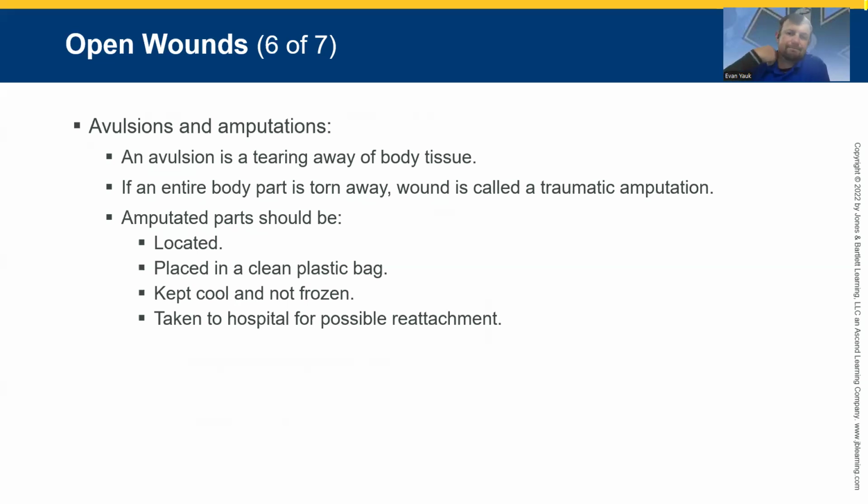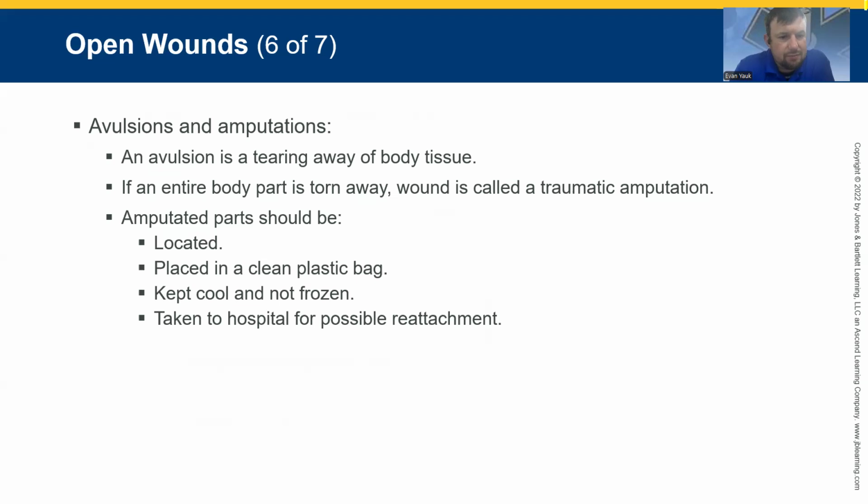This is where a flap of skin is torn loose, but it's still attached. We've all had these types of injuries where you kind of want to pull that piece of skin off. That's not what we're supposed to do. You're supposed to lay that flap back over and bandage it. So an avulsion is a flap of skin. It doesn't tear all the way off.